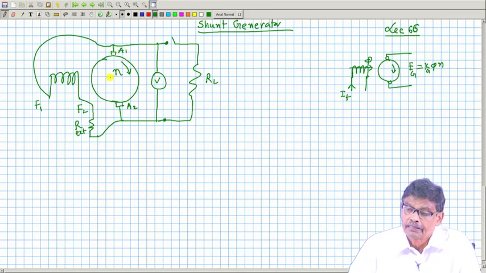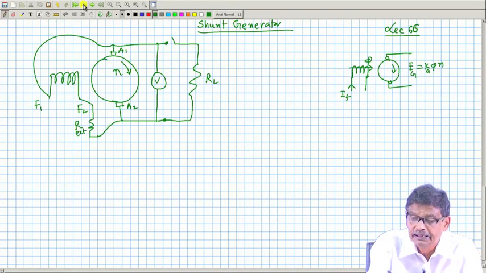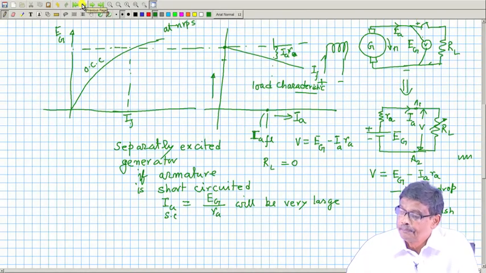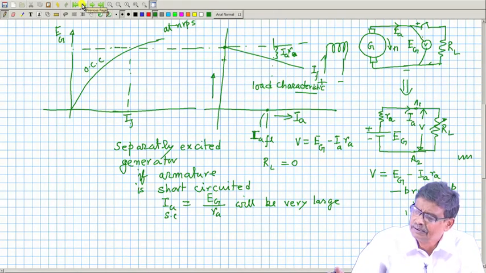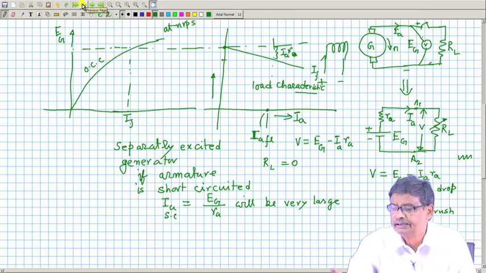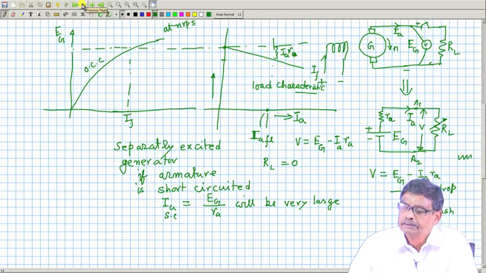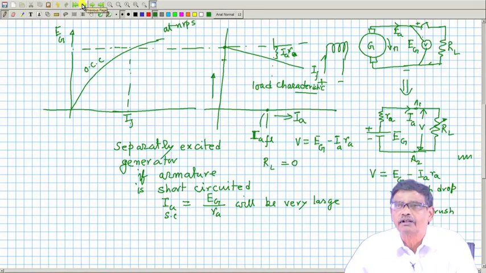That is fine, but one thing you just see. Suppose this generator I have connected as a separately excited generator earlier. What happens after you complete this experiment and switch off everything is this: even with field current 0, there may be a residual flux because of the retentivity of the magnetic material.